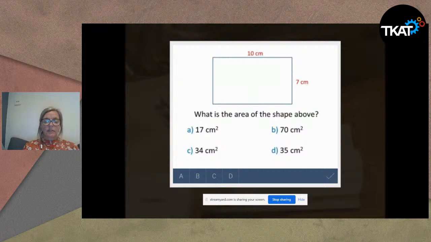If you're doing this in class, obviously, then you might ask children to hold up the answer A, B, C, or D on their whiteboard. If you're doing this remotely on a Google quiz, then children could select the correct answer and, more importantly, give a reason for their answer.